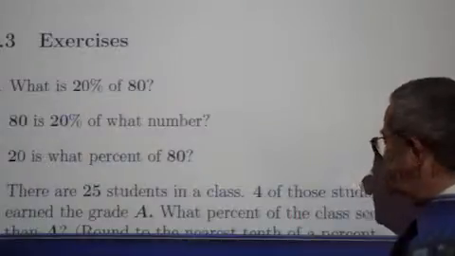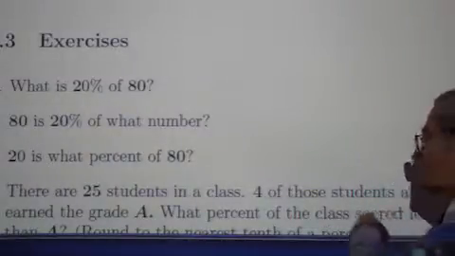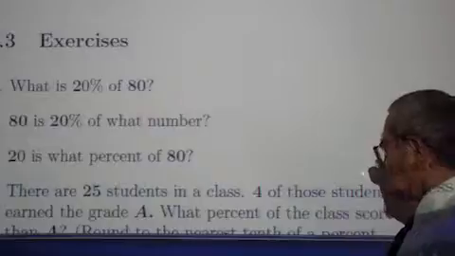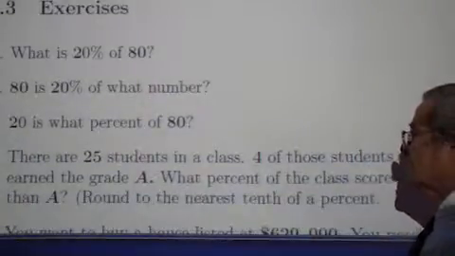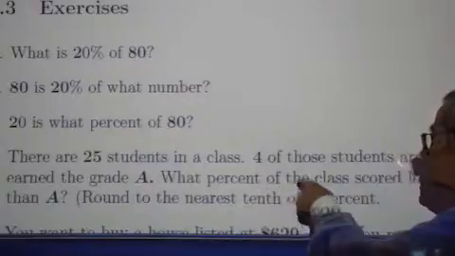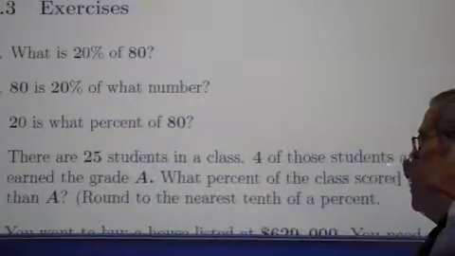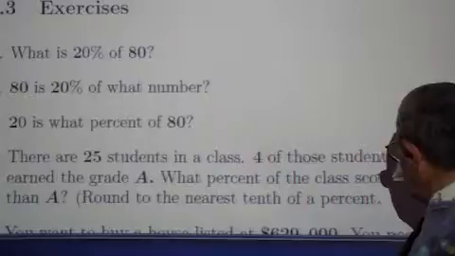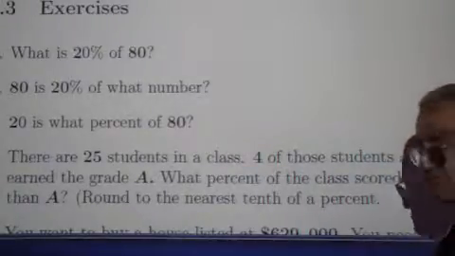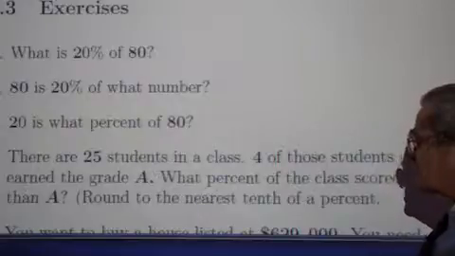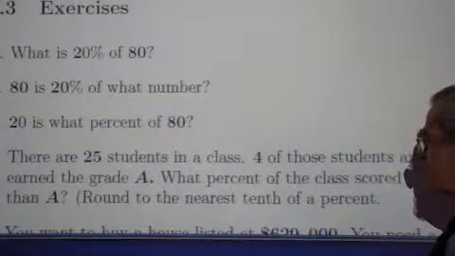There are 25 students in a class. 4 of those are earning the grade of A. What percent of the class scored less than an A? So 25 students, 4 of those scored an A. What percent scored less than an A? If you take shorthand, you can just write down the numbers quickly and some notes beside it.